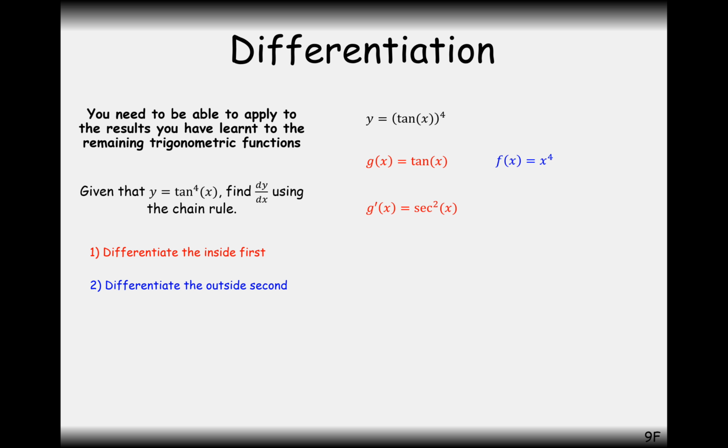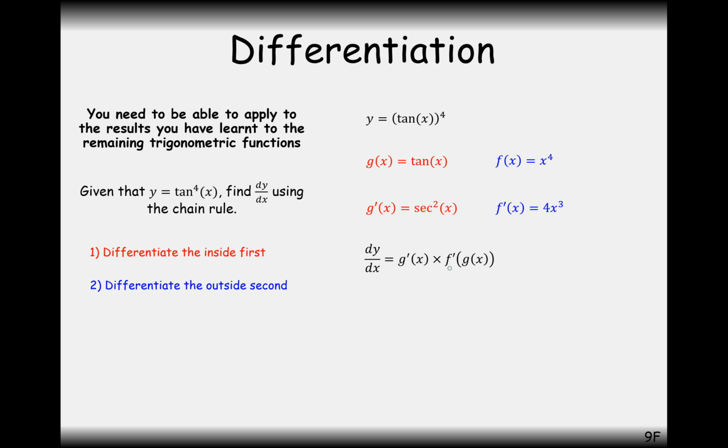Now we need to differentiate both of these. Tan differentiates to sec squared, and x to the 4 differentiates to 4x cubed. Now the chain rule is this thing here. It's the g function derivative, so that's sec squared, times the f function derivative in terms of g of x. So this at the moment is just the f function differentiated.